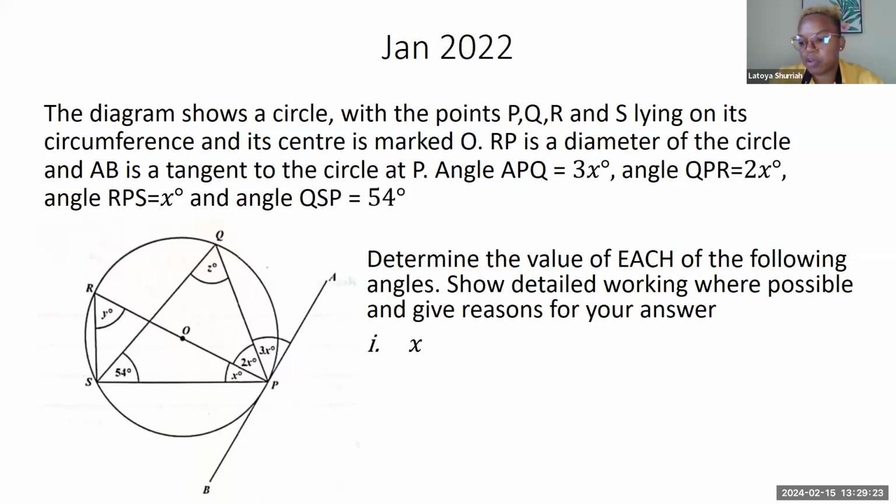All right, DeAndre. Point Q is 90. How did you get that, George? Is it point Q or angle Q?